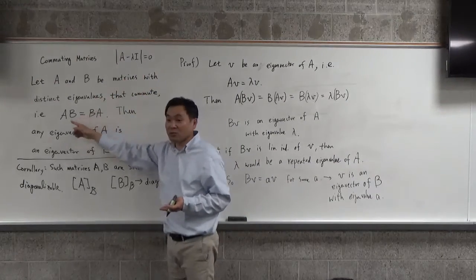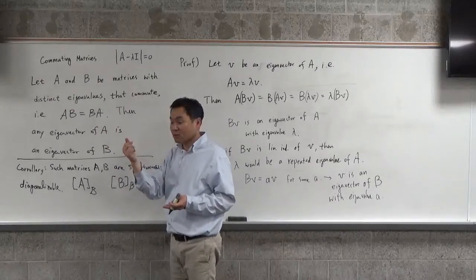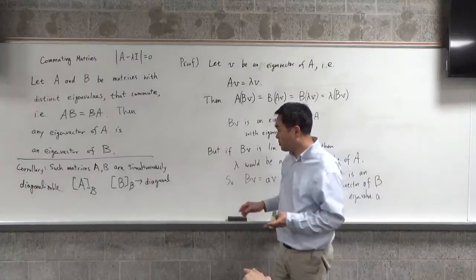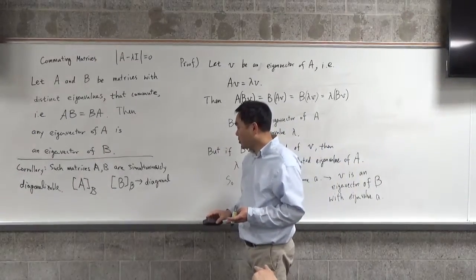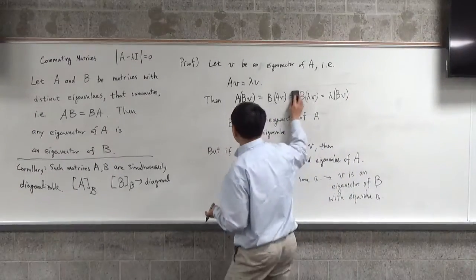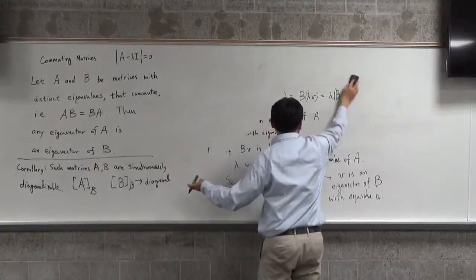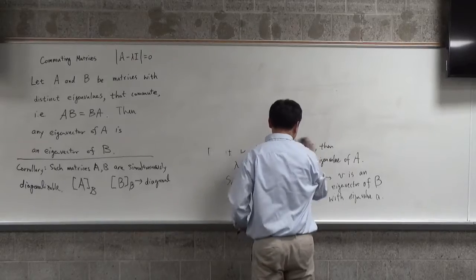If two things commute, then they can be diagonalized at the same time. Yes? So you're saying matrix A of B and matrix B of B, they're both diagonal? They're both diagonal. Okay. Now let me say a little bit more about that.